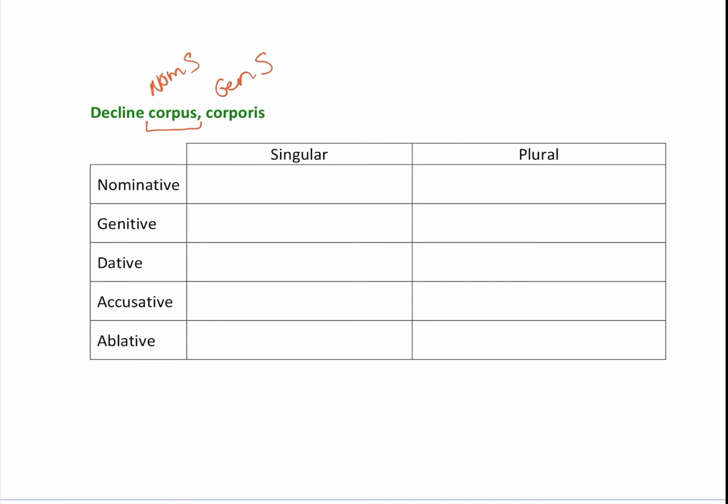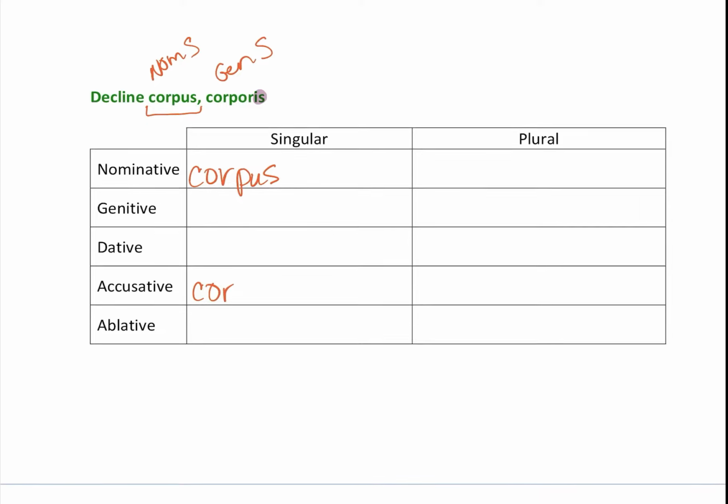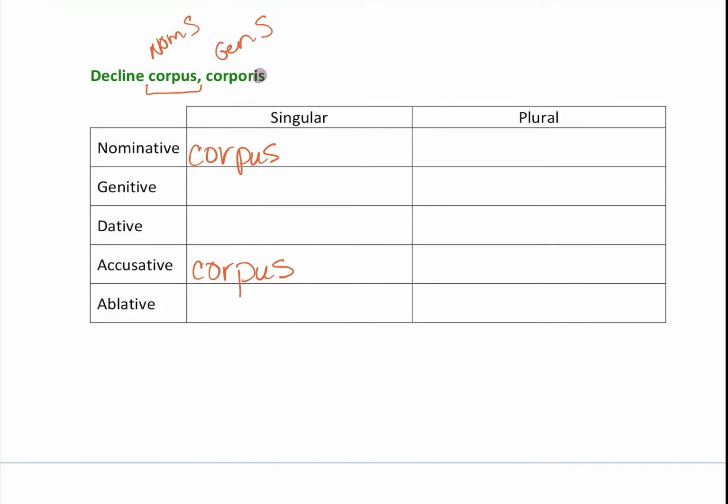Don't look at that. You've got to look at the IS here. That is what you take off. So pretty easy to do. We just do corpus. Now remember, we're going to transfer that down to the accusative as well because it's the same. And then we're going to put corpor, significantly different.